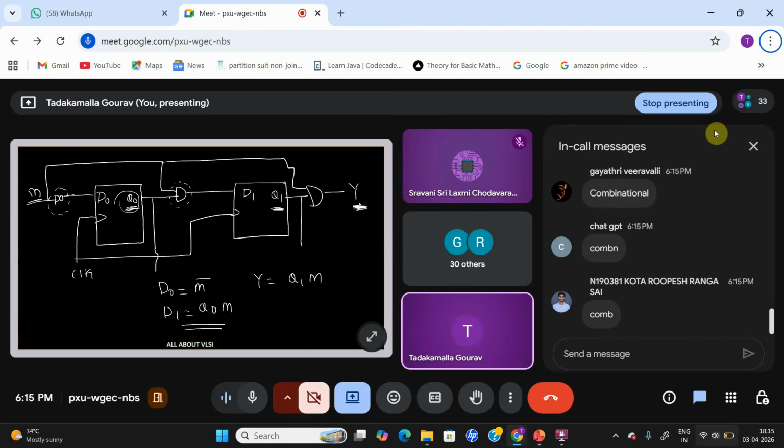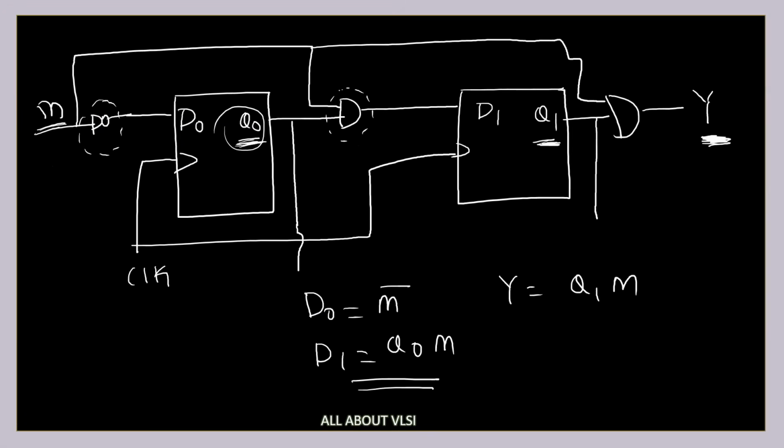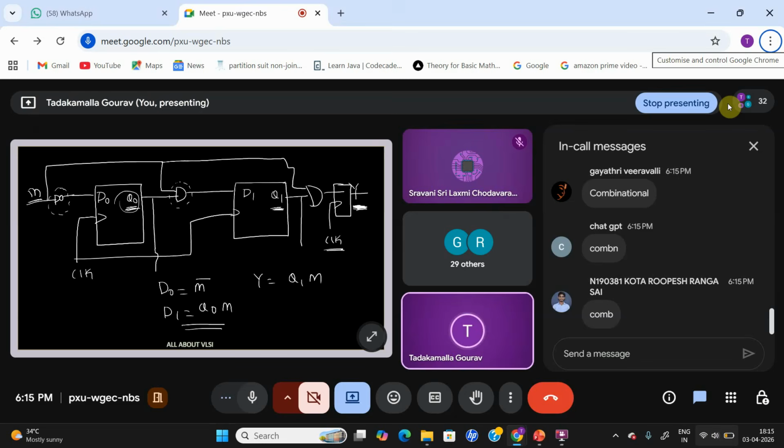But if you need your output to be synchronous to the clock, then you add one more D flip-flop over here and connect the clock so that your output will be synchronous. And from here, you get your output. Is it clear?